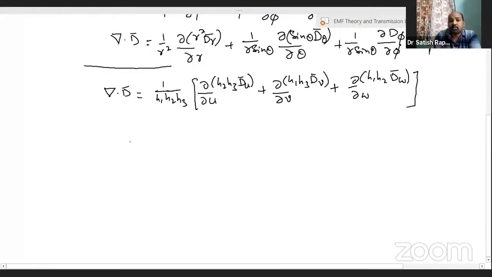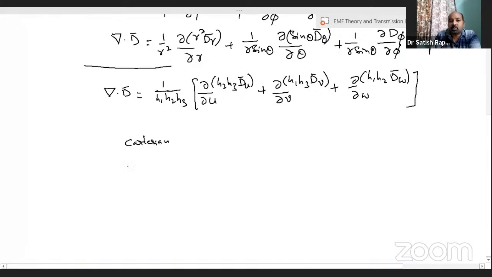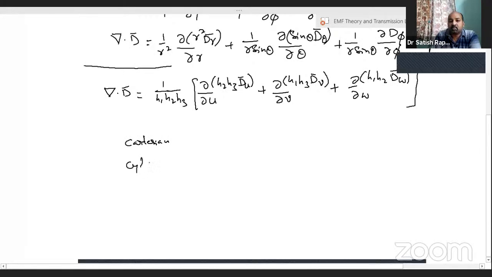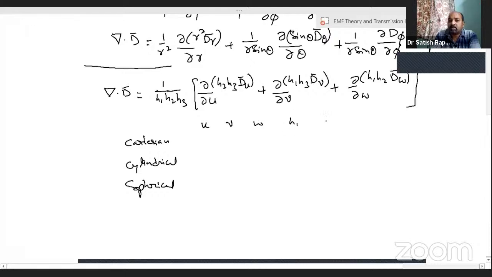The Cartesian coordinate system, the cylindrical coordinate system, the spherical coordinate system, and here u, v, w and h1, h2, h3.